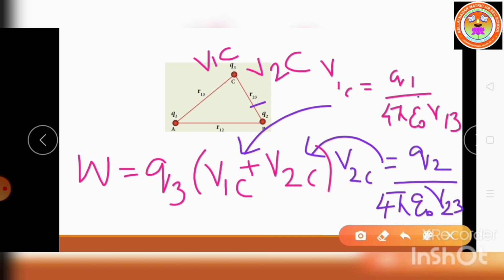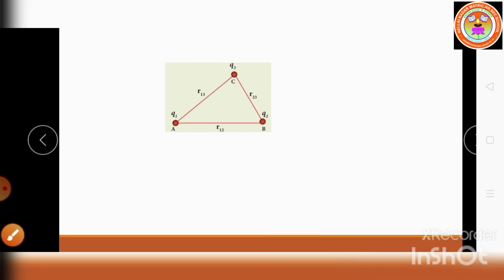So here Q1 into Q3 and Q2 into Q3. If you take 1 by 4 pi epsilon naught common, we get Q1 by R13 multiplied by Q3, and Q2 by R23 multiplied by Q3. Understand, children? This is the electrostatic potential energy when bringing the third charge.